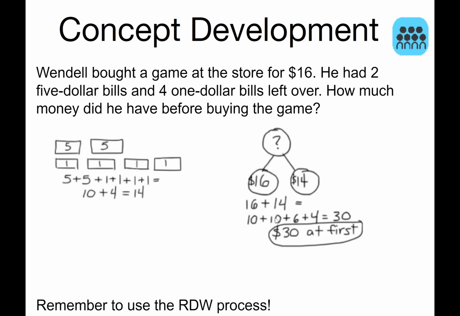So 10 plus 10 equals what? 20. And 6 plus 4 equals 10. So 20 plus 10 equals 30. So $30 at first. So to start, he had $30. And then he spent $16. What's 30 minus 16? 14. Remember this next time you go to the video game store.